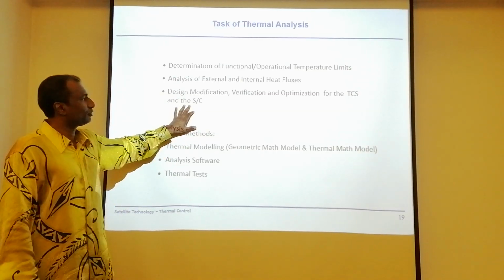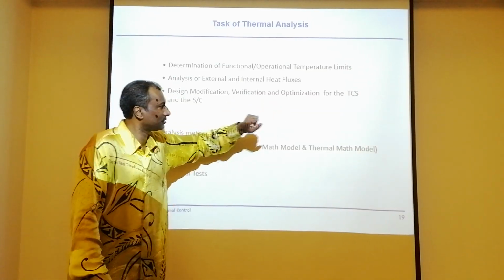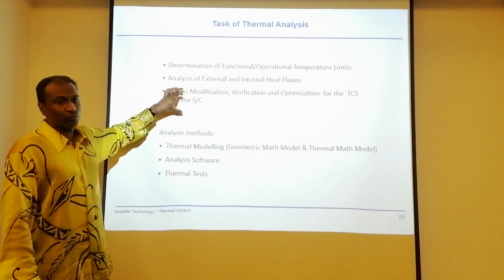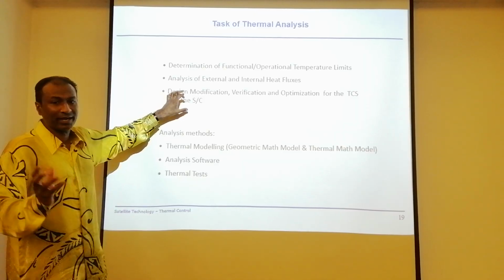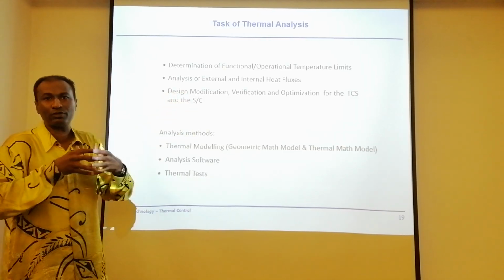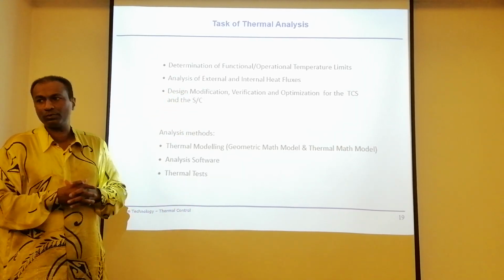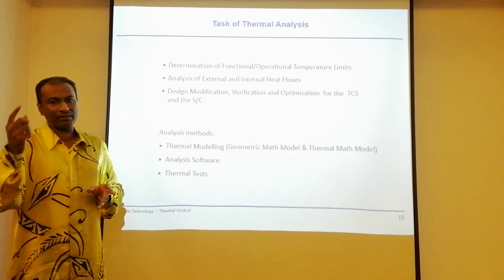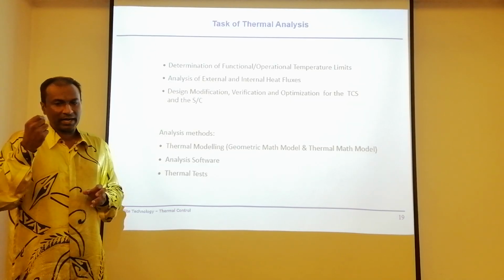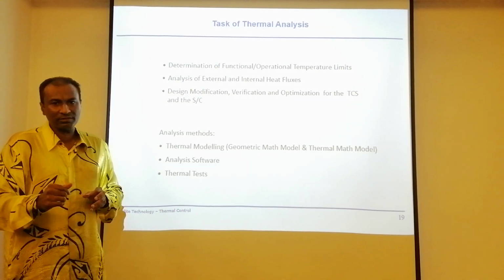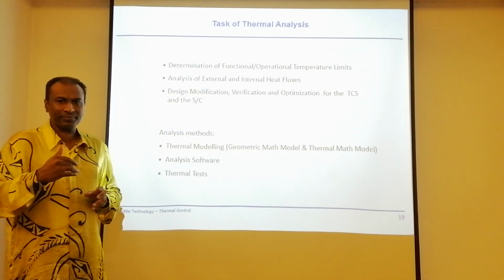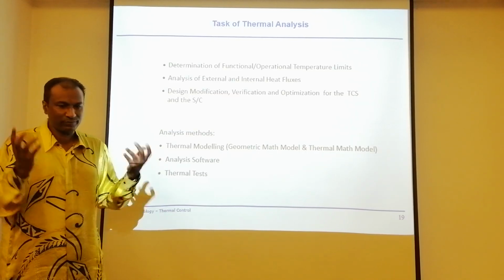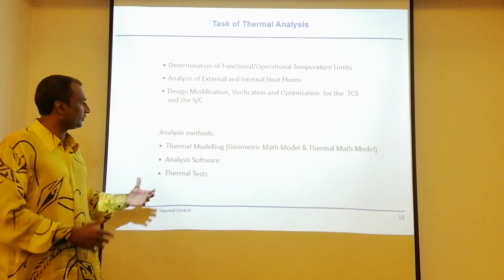And then design modification or verification, optimization, etc. Based on these two, we can look into what kind of options we have to cool down the thermal heat from the spacecraft. Remember, I can only use radiation to eject any heat generated in my spacecraft. That's the only way. So I have to think about what options I have.